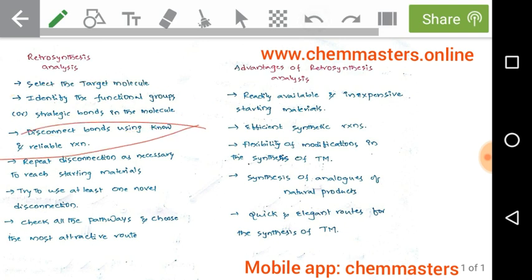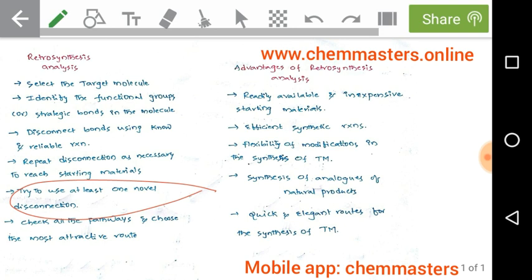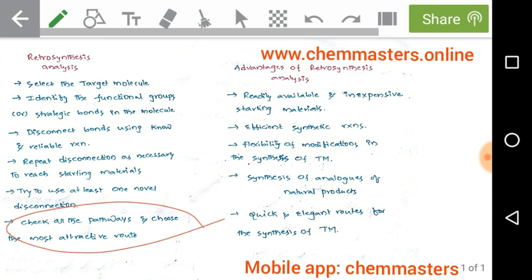Next, disconnect bonds using known and reliable reactions. Next, repeat disconnection as necessary to reach simple starting materials which are commercially available. Next, try to use at least one novel disconnection. Next, check all the pathways of disconnection and choose the most attractive route to synthesis of the target molecule.